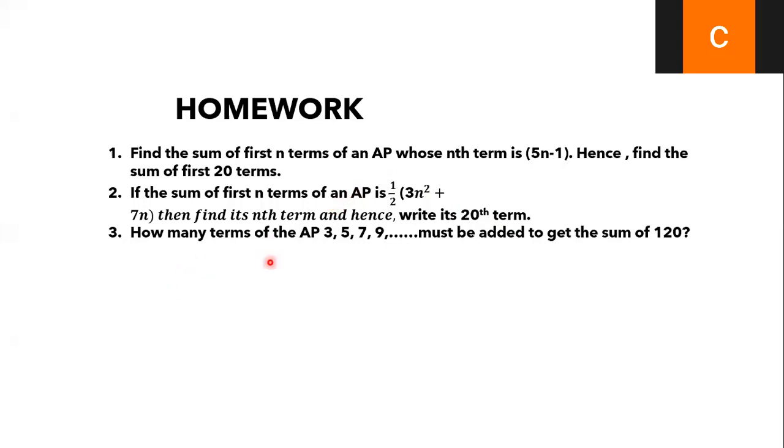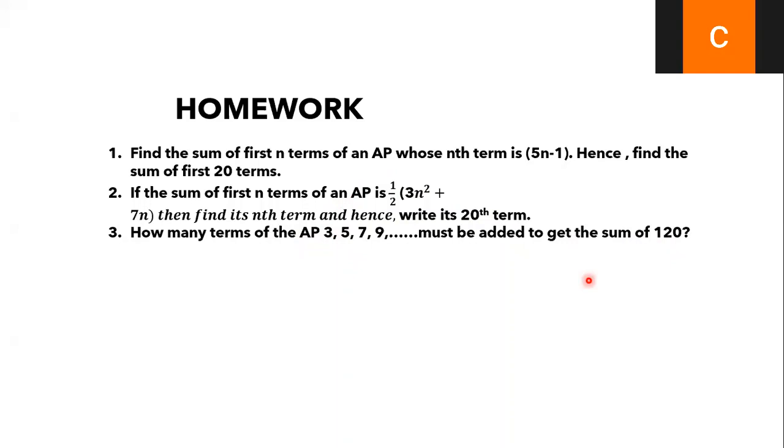Next, the third one. How many terms of the AP 3, 5, 7, 9 must be added to get the sum of 120? Here A value is 3 and D value is 5 minus 3, which is 2, right? The Sn value we need to get is 120. Apply these values and you'll get a quadratic equation.